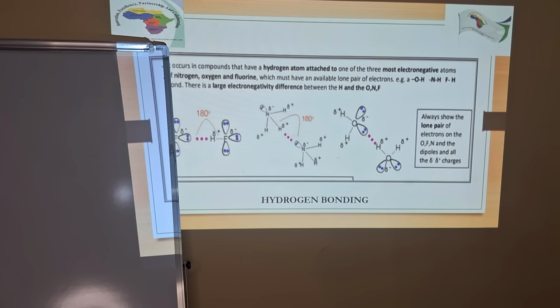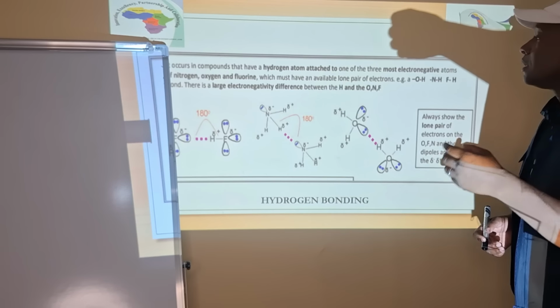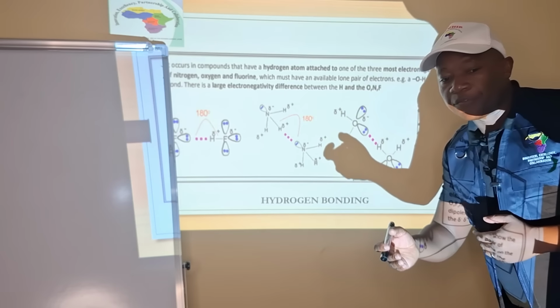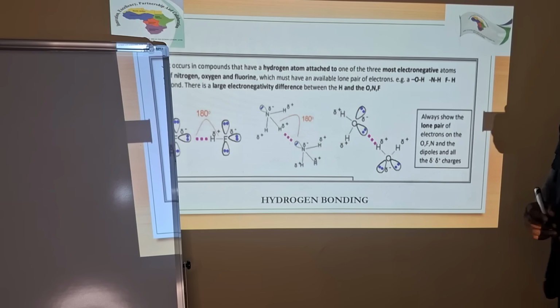Hydrogen bonding. Basically, hydrogen bonding occurs in molecules where there is a hydrogen atom bonded to one of the 3 electronegative atoms: nitrogen, oxygen, and fluorine. And remember from the previous slides, we said the most electronegative atom is fluorine, which has an electronegativity rating of 4 on the Pauling scale.